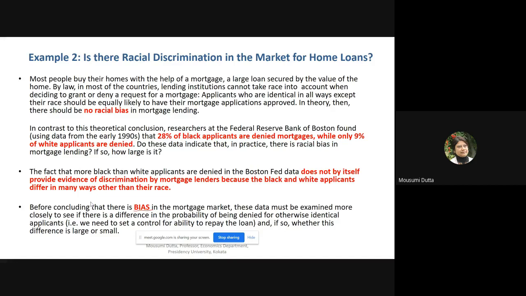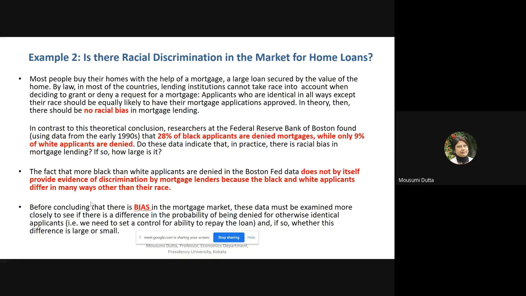Here we are finding that we need to focus on the filling of the forms, not on the basic issue of whether their mortgage will be denied by the credit market, etc. So before coming to the conclusion there is a bias, econometrics helps us to find out the real position and frame the policy accordingly.